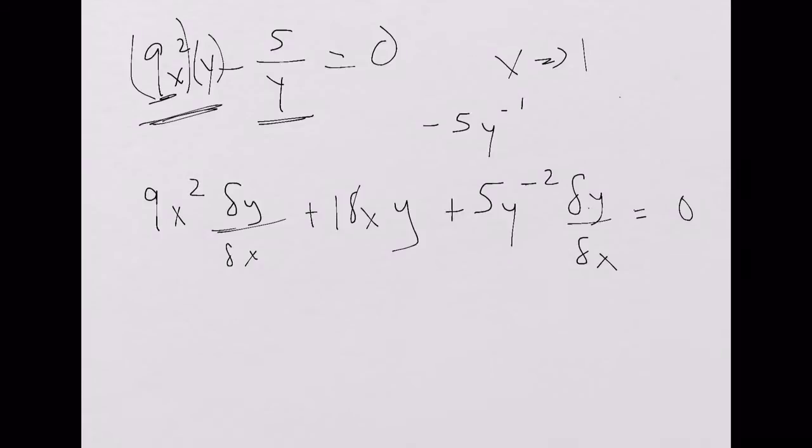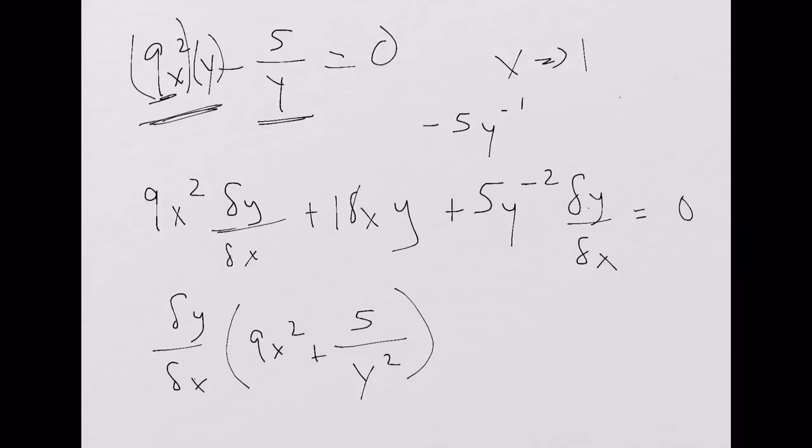So I have this equation with x's and y's in it, but what I really want to know is dy/dx. So now I would group the things that have dy/dx, which is my 9x squared plus my 5 over y squared. And I'm going to go ahead and move that 18xy to the other side.